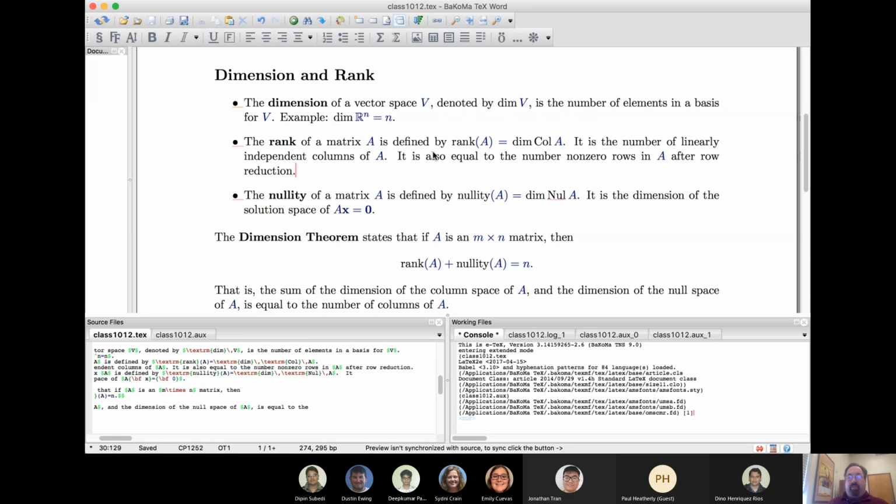The row rank would be the number of linearly independent rows. But it can be proven that the row rank of a matrix always equals the column rank of a matrix. The number of linearly independent rows and the number of linearly independent columns is always the same, so we just have one term that's called the rank. If you want to know the rank of a matrix, go ahead and row reduce it. However many non-zero rows you have left over after you've gone to echelon form, that's the rank.